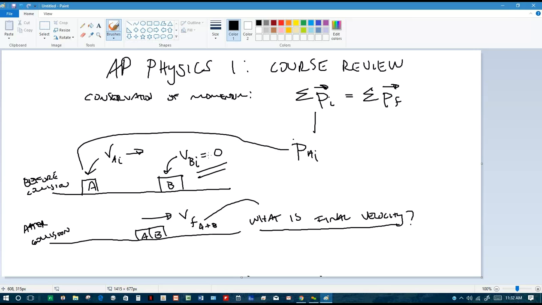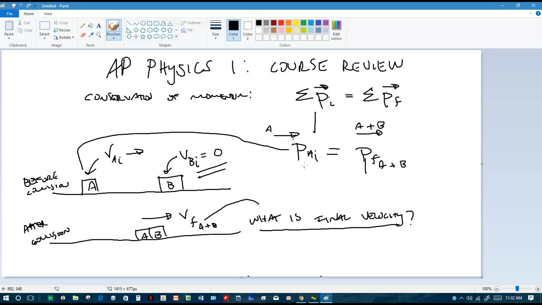So if your velocity is 0, you've got no momentum. And so that rightward momentum of object A is equal to the momentum afterwards as they slide to the right, of both objects, A plus B. This will be F, because F means after the collision, of A plus B.